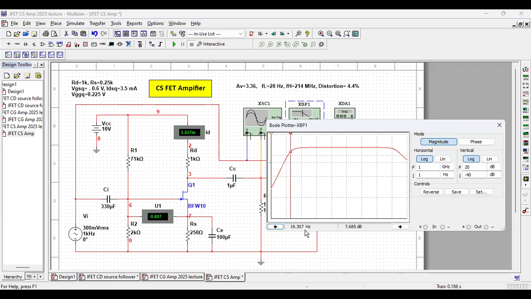So now you know the benefits of a FET amplifier. It has good low frequency response. That means if you have an audio signal which has a lot of bass frequency, then a FET amplifier is good. And it has very high input impedance. So normally in a cascaded audio amplifier, the first stage is a FET amplifier. The first stage is also called the pre-amplifier stage.